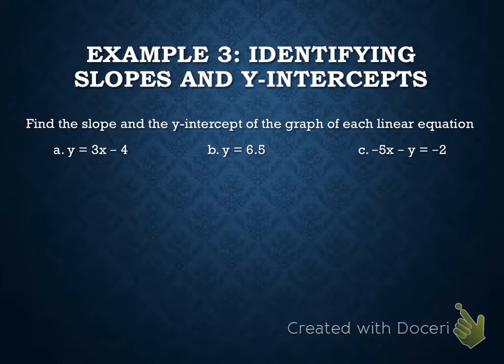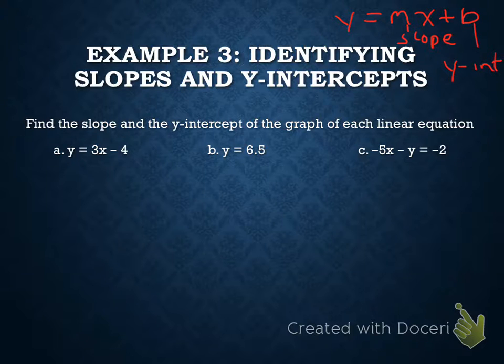Identifying slopes and y-intercepts. Find the slope and the y-intercept of the graph of each linear equation. Remember, we have y equals mx plus b. m is your slope, and b is your y-intercept.